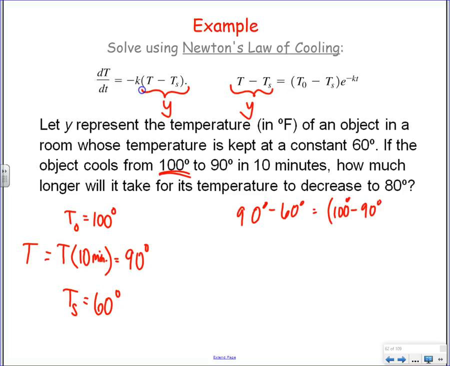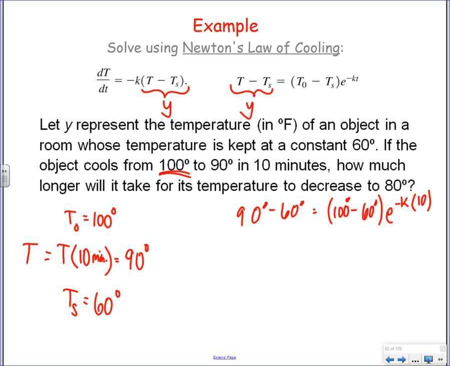TS is 60. I thought you guys said 100 minus 90. And then how long did that take? Did you say minutes or seconds? Minutes. I said seconds, but it's minutes.